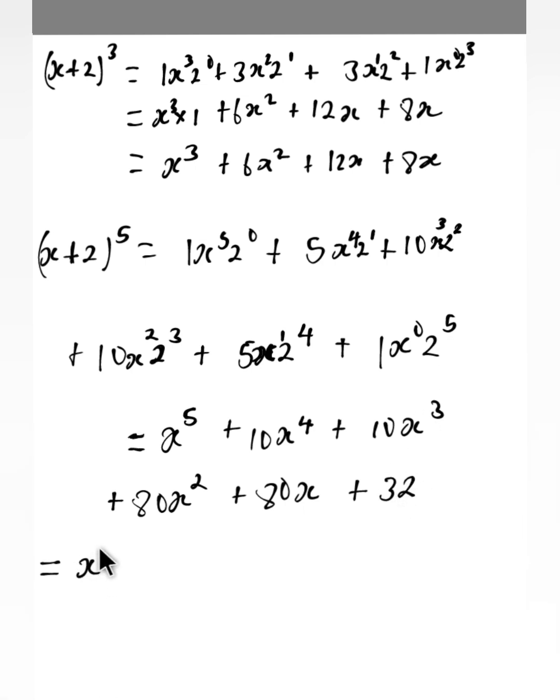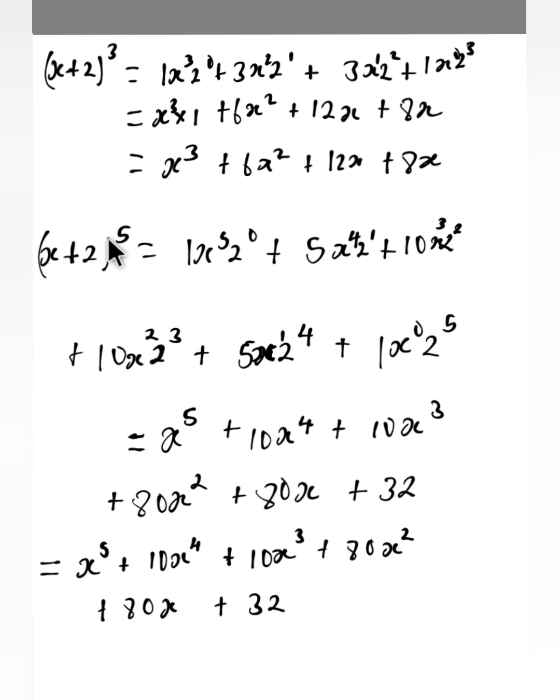It becomes x to the power 5 plus 10x to the power 4 plus 40x to the power 3 plus 80x squared plus 80x plus 32. This is the expansion of (x + 2) to the power 5.